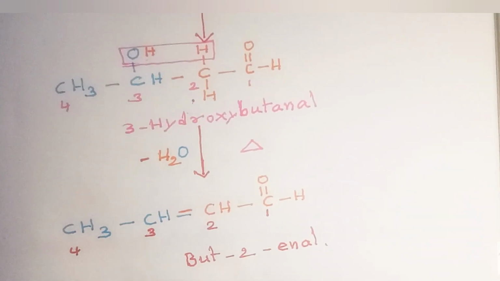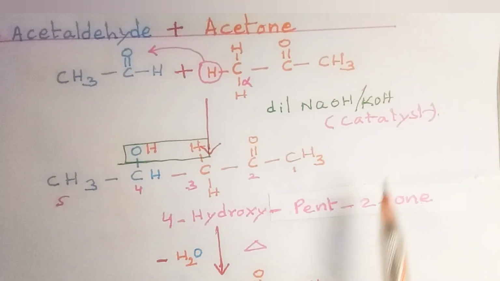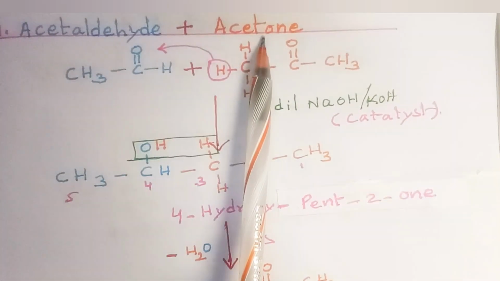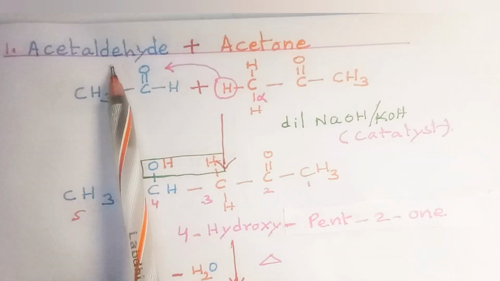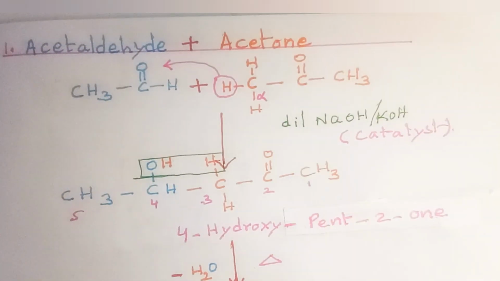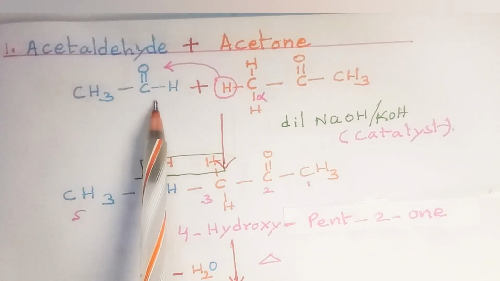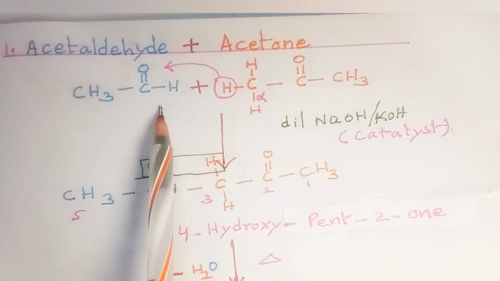How to write the reactions in an easy way. So first, let us take acetaldehyde and acetone. Acetaldehyde is the first reactant, acetone is the second reactant. Acetaldehyde, the first reactant, is written as it is, CH3 C double bond OH. The second reactant is written in blue ink.